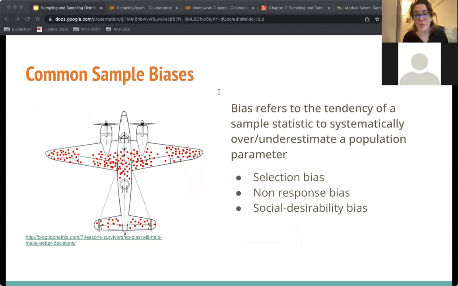The sample was only taken on the planes that returned and didn't necessarily represent the larger population of aircraft that did not return. The result of that analysis found the most vulnerable places were the wings and these parts of the engine that didn't get hit, resulting in a plane not returning. So this is just a very concrete example of bias when it comes to sampling.